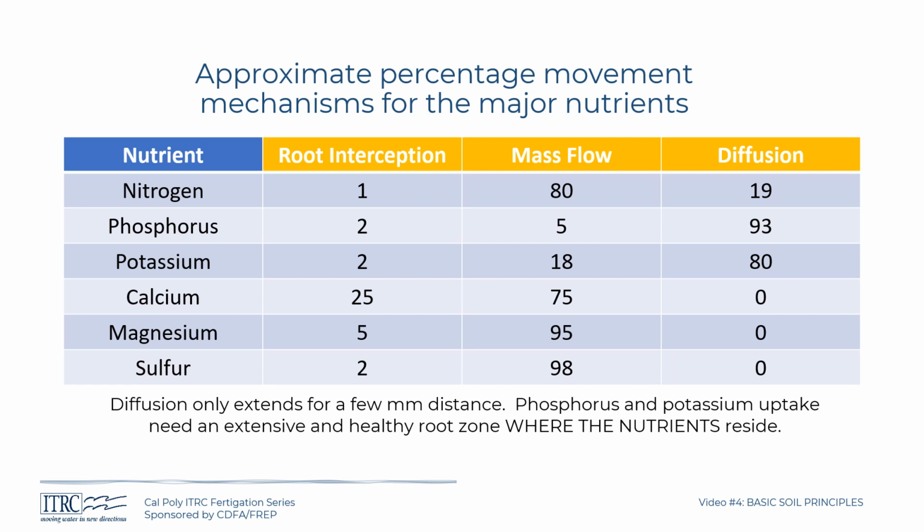It may be that you don't have a good, healthy root system. Take a look at this. If the phosphorus and potassium are only going to move a few millimeters, you just have to have a good, healthy root system, and then you have to have that root system where the nutrients reside, and you have to have moisture. That's quite a combination.